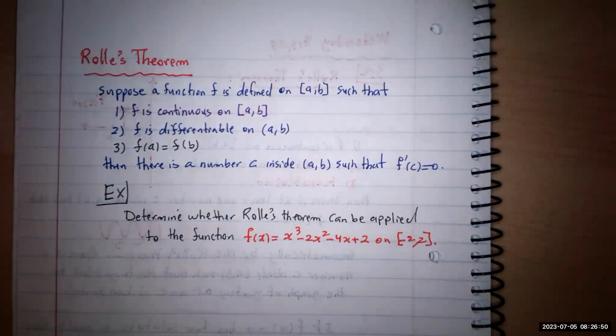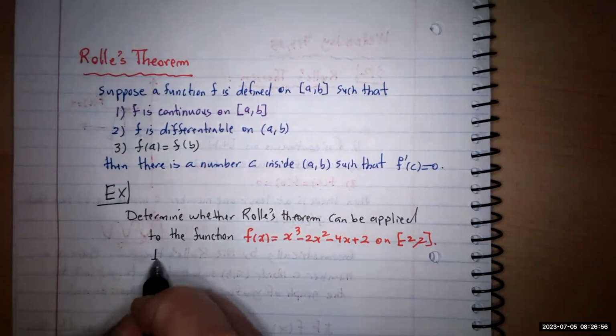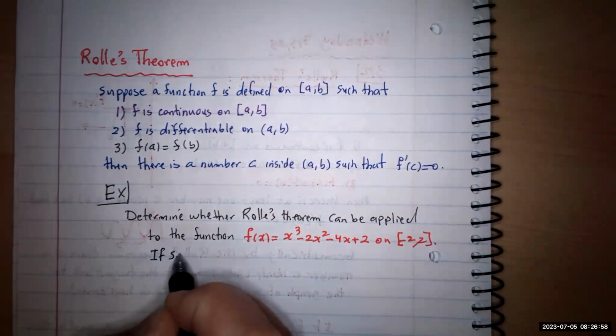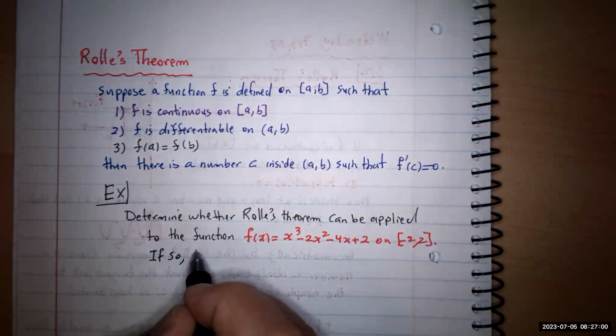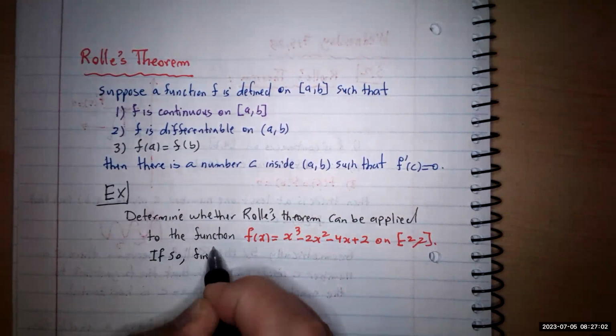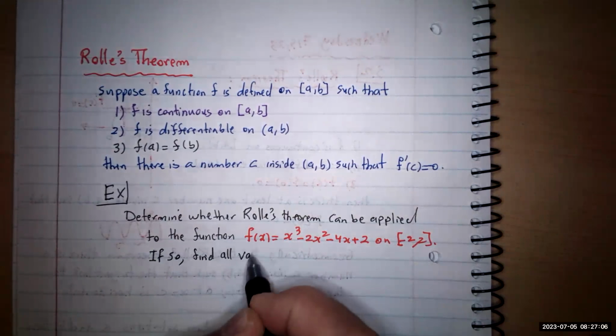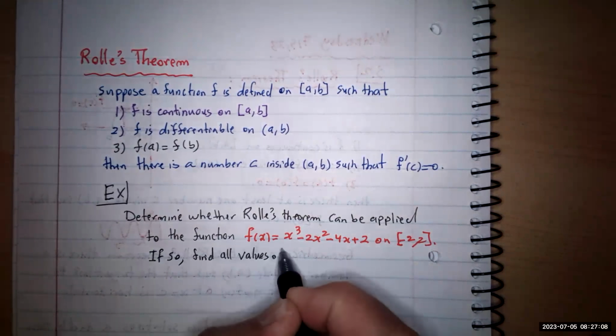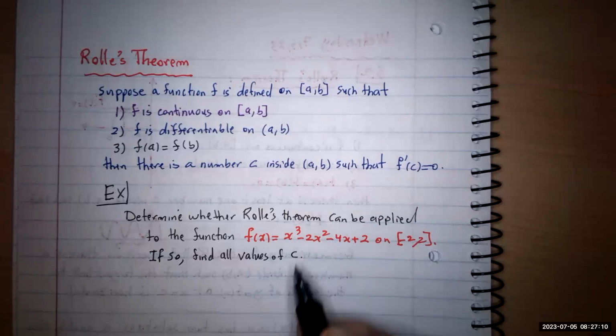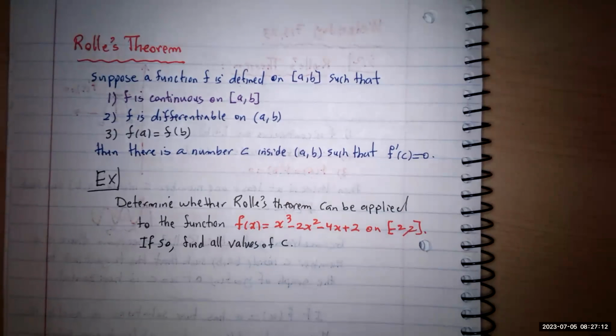Okay, you check the condition to see it's satisfied. They usually say, if so, give us the C. So if your answer is positive, find all values of C. So you realize what they are talking about. You see, that's the problem on Rolle's theorem.